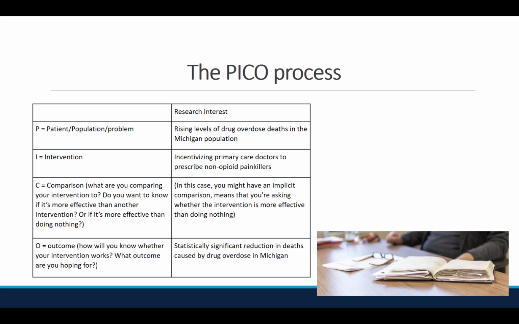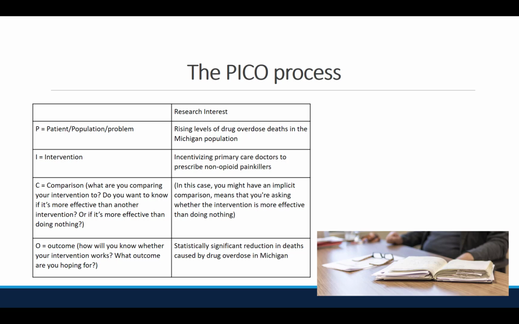For I, intervention, the research interest is to incentivizing primary care doctors to prescribe non-opioid painkillers. C, for the comparison, notice here, in this case, you might want to have an implicit comparison, meaning you're asking whether the intervention is more effective than doing nothing. O, for the outcome, we would like to see statistically significant reduction in deaths caused by drug overdose in Michigan.